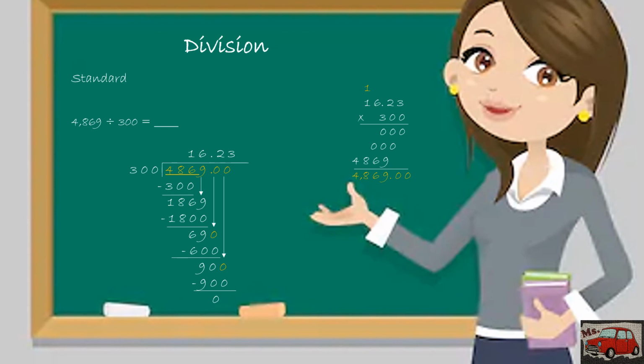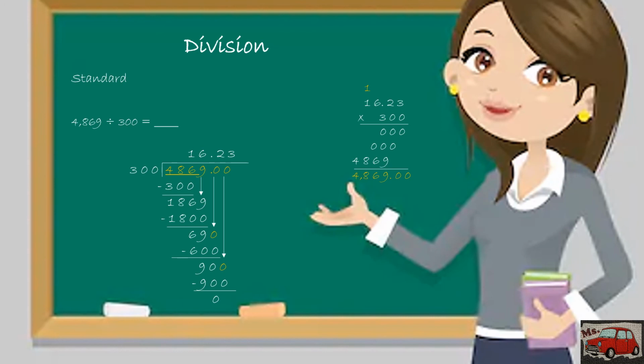So 486 divided by 300, I can only get 1. 1 times 300, I'll get 300, and minus that from 486. I will get 186. I cannot get 300 from 186, so I need to bring down the 9.